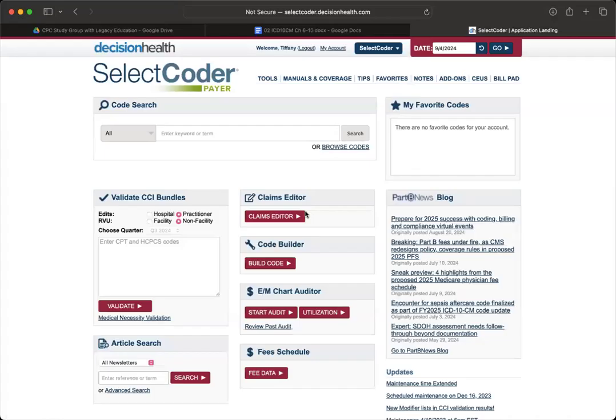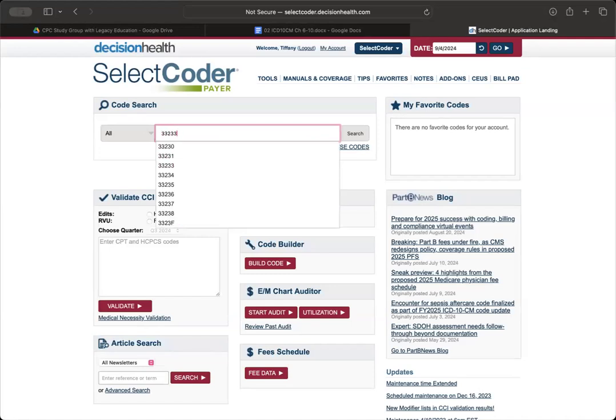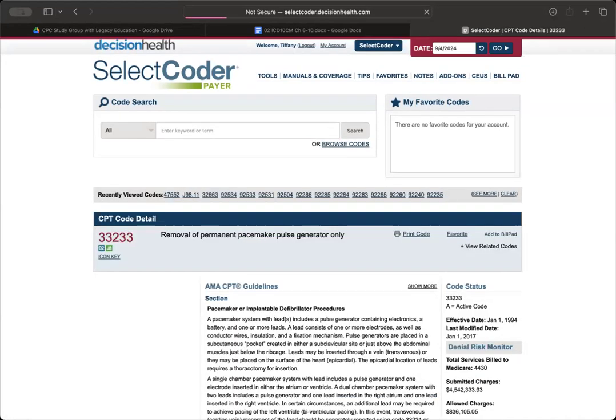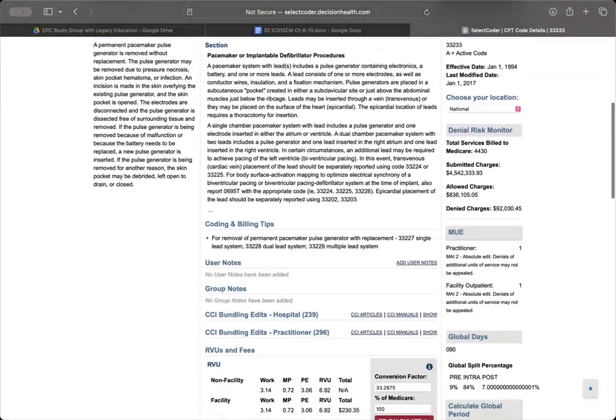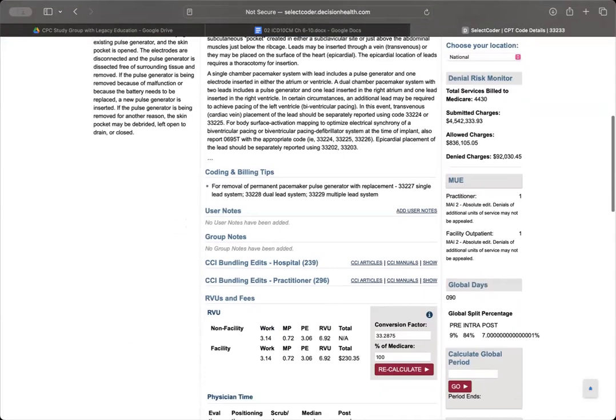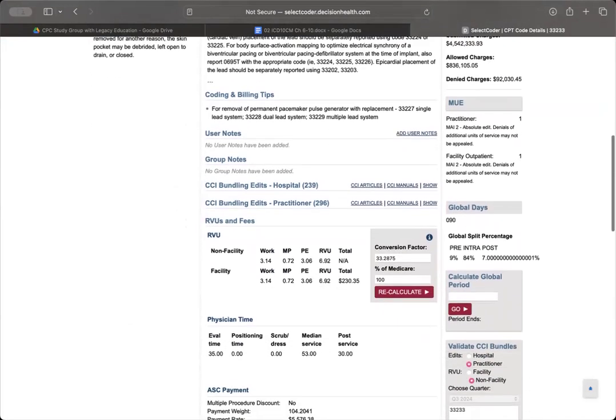I'll show you real quick what Select Coder looks like. This is just one of the many different ones, right? I'm just going to throw in a code. So you can see your code description up here. It gives you a description of your procedure, any of your pertinent guidelines for those codes, and any billing tips or coding tips that they might give you.